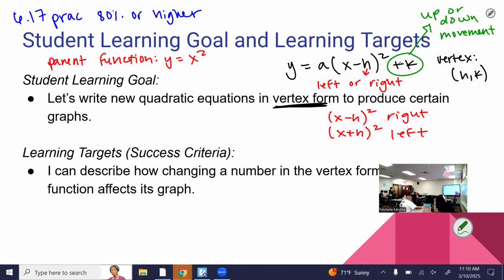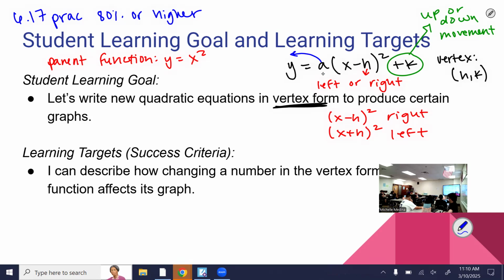What does the A tell us? Good try, but no. If there's an A that is not 1, then there's a transformation. I'm looking for transformation.